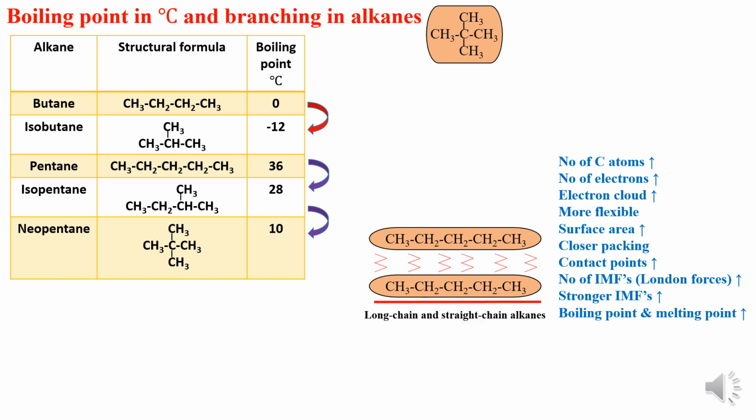Now what about alkane with branching? So let's consider neopentane as an example. So in case of neopentane, as you can see, it offers less surface area and therefore the number of intermolecular forces reduces.